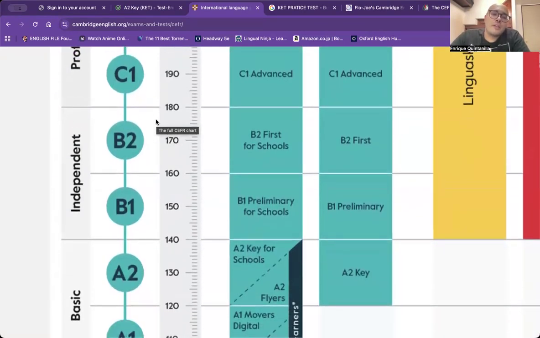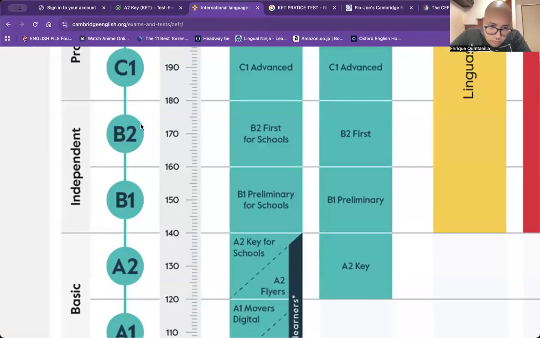The reason they created this is for language standardization. And in order to achieve that, you have to do exams. In order to show that you have this level, you need to do exams.